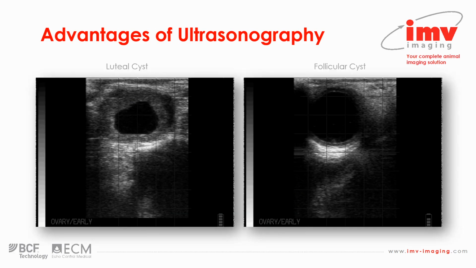Here, these are stills, I'm afraid, rather than cines, but as you can see, we've got two cystic structures which externally or on manual palpation might feel very similar, but as we can see, they're quite different, and the structure on the left is a luteal cyst, the structure on the right is a follicular cyst, and we can confidently differentiate those using ultrasound when we wouldn't be able to with manual palpation.